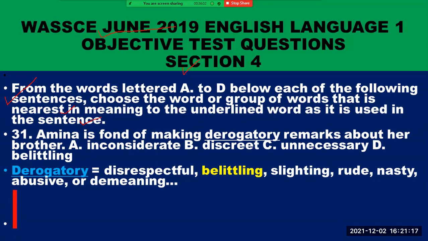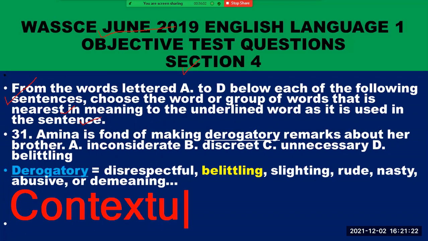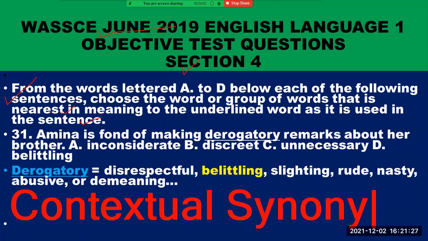We did say that we are dealing with contextual synonyms. That's the topic here. And so let's look at the question. You can see the same question number 31 that started section 4 of 2020 is exactly what starts section 4 2019. And the question is as follows: Amina is fond of making derogatory remarks about her brother.